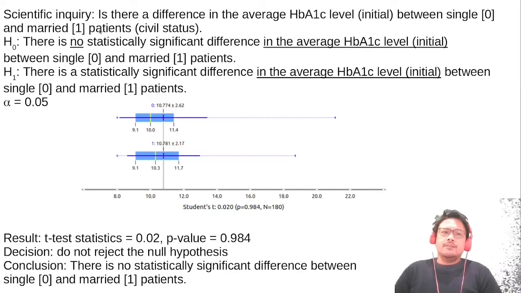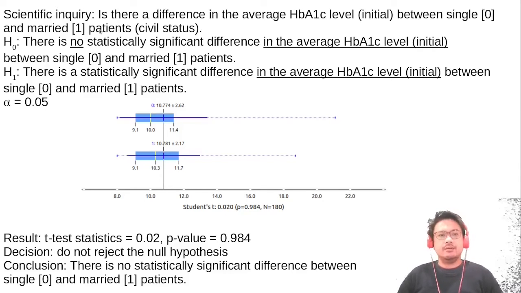Okay, after our fast forward, making hypothesis, trying to input data from orange tree, let's now analyze the data. I made some changes here. So let us discuss. So our first inquiry is there a difference in the average HbA1c level initial between single and married patients?